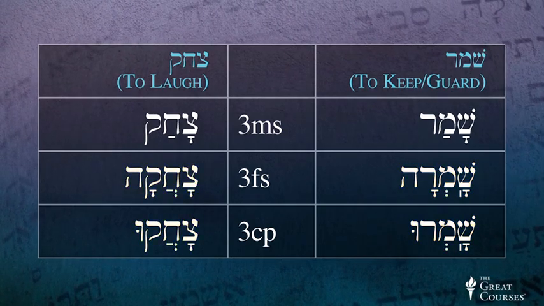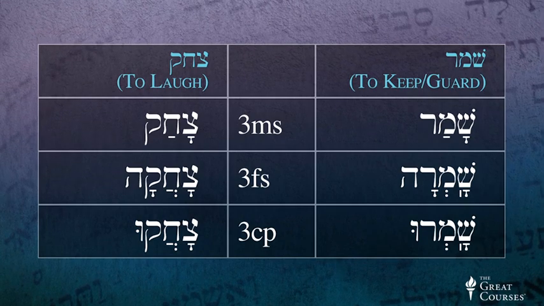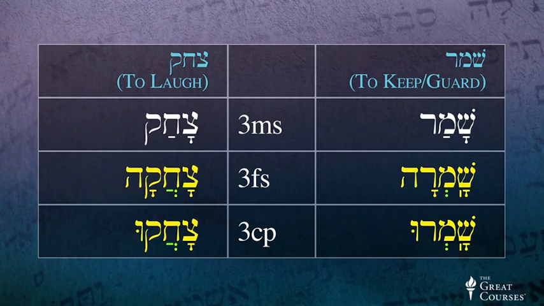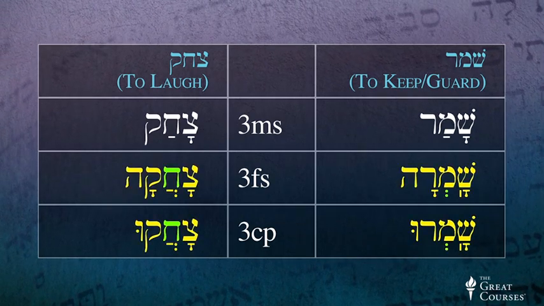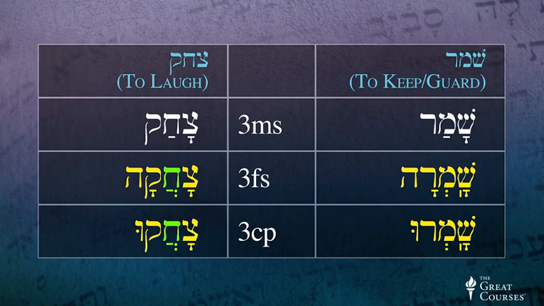Same as before, the Kal perfect in those forms calls for a shva, and the guttural letter insists that it be a compound shva. The verb form gets what it wants, the guttural letter gets what it wants. We just have to realize what's going on so that we can recognize the form of the verb.